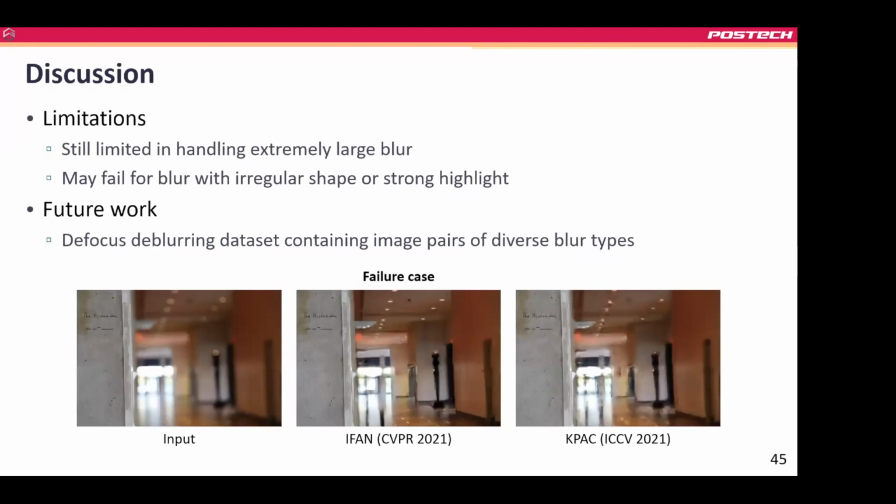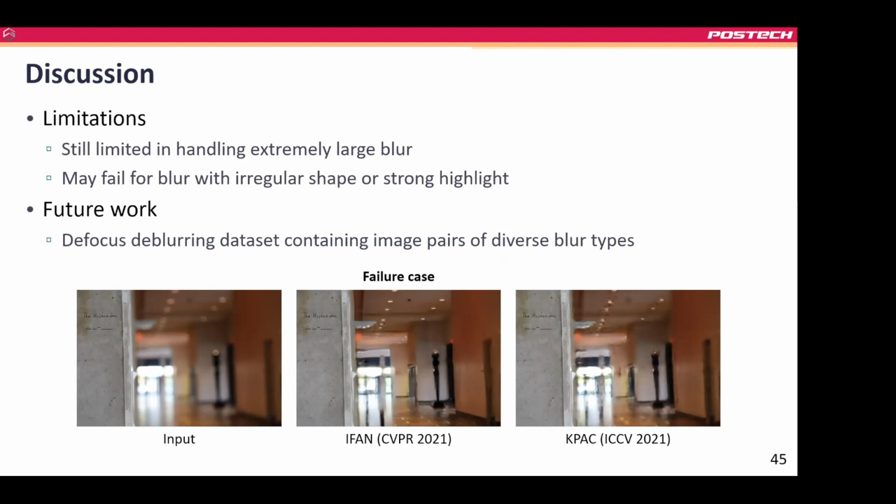Do you think it's because the deep learning approach doesn't have a model to explicitly handle the outlier, the highlight? Yeah, I think so. Deep learning basically tries to learn the mapping from the input to the output, but the highlight is only a small part of the training data.